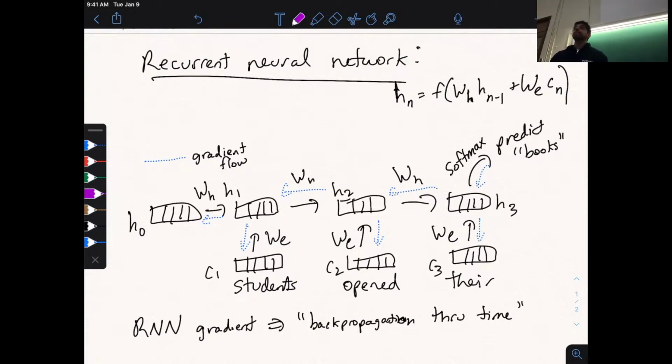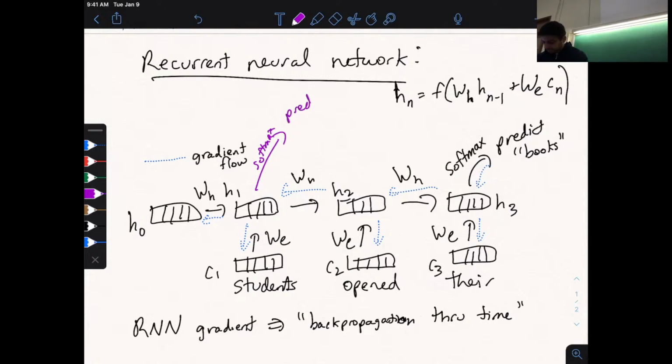So what we do in practice is at every single time step, we are going to just apply a softmax layer on top of that hidden state in order to predict the next word, which we can do because at time step 1, I have no knowledge of what happens at time step 2. And at time step 2, I have no knowledge of the word that occurs at time step 3, right? So basically, I can put a softmax layer here.